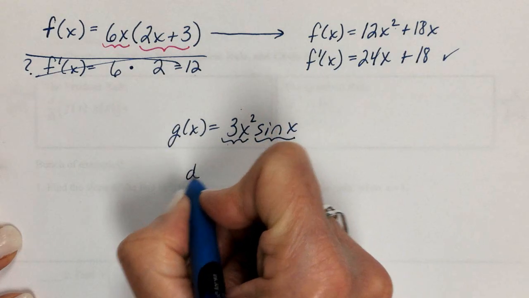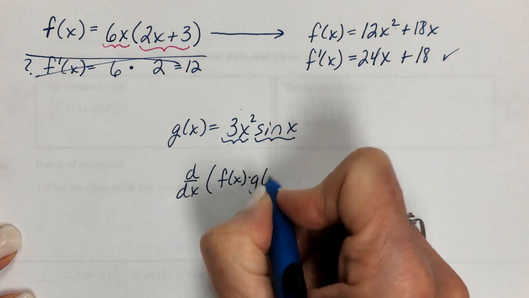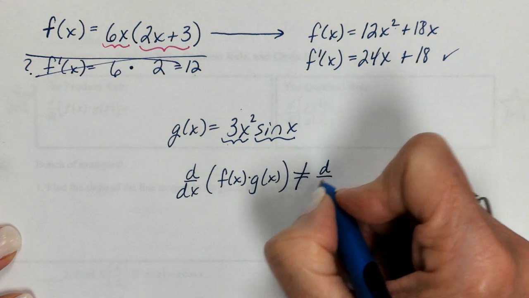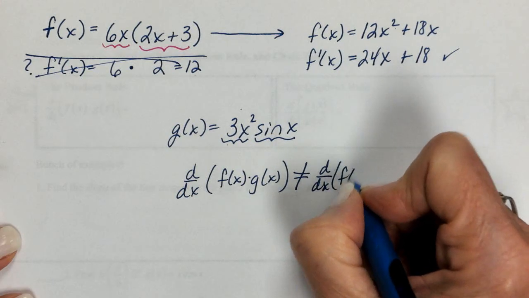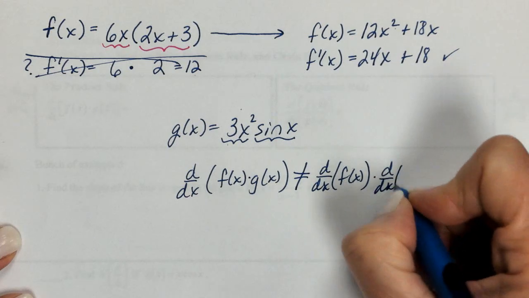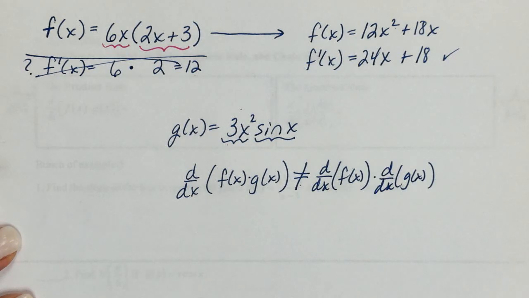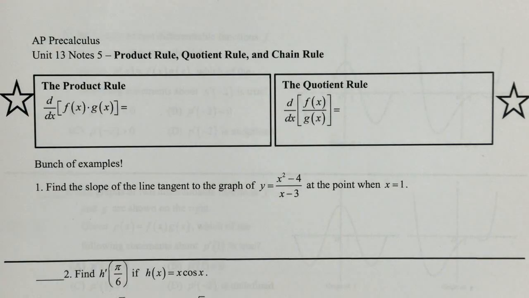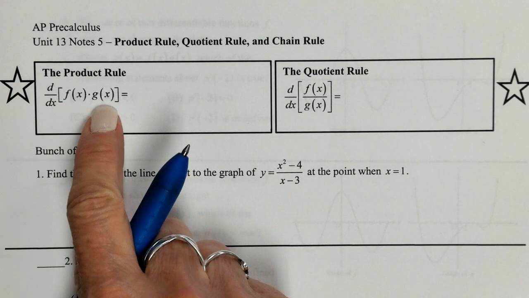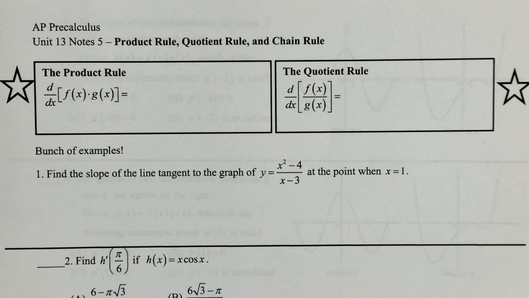So the derivative of the product of two functions is not the product of the derivatives, okay? That is not true. Instead, we have what's called the product rule, and it is not just take the derivative of each piece and multiply it together. Doesn't work that way.